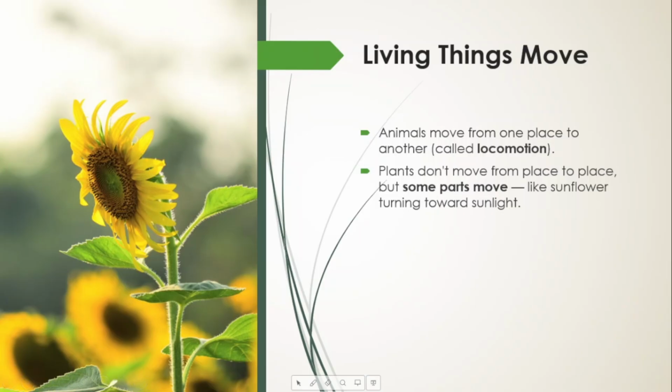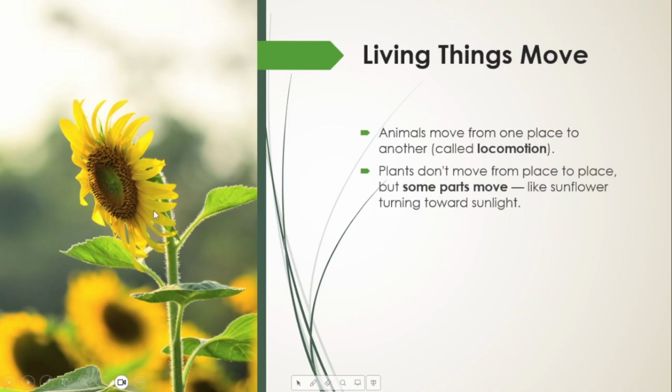So this is one of the characters, that is the ability to move. In animals, we can easily move from one place to another, right? But plants cannot move from one place to another, but they have this ability to move their parts.